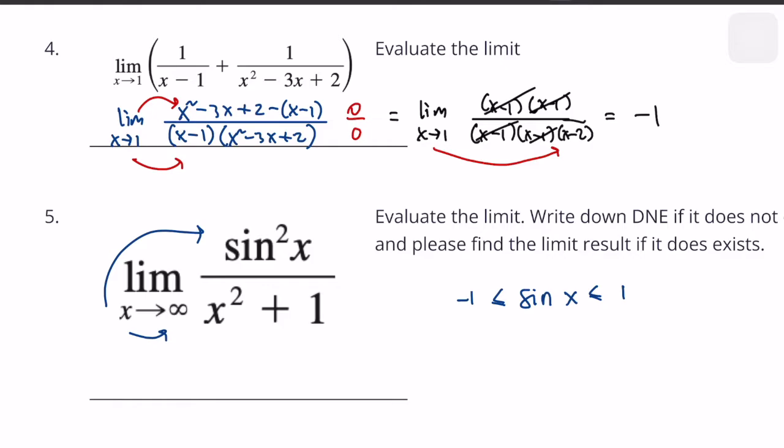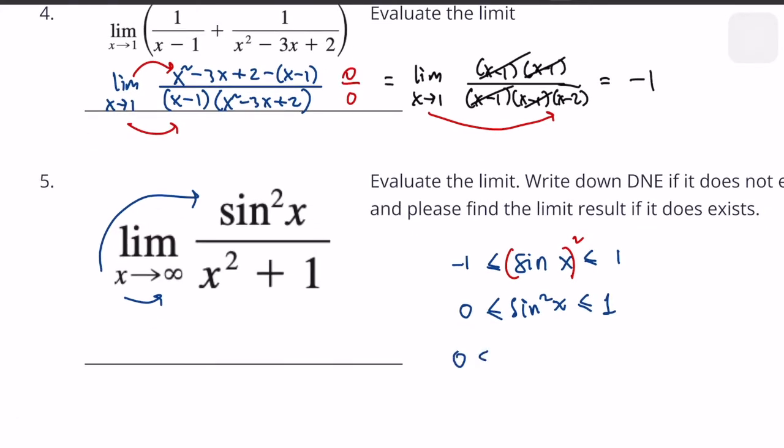Right. So let's continue. If we are going to take squared here, what will happen with the inequality for sine squared? Sine squared will have this inequality. Okay. So we will have 0 and also this 1 over x squared plus 1.